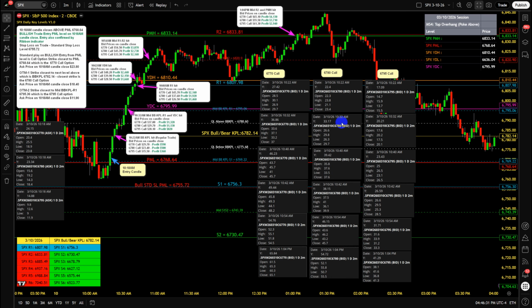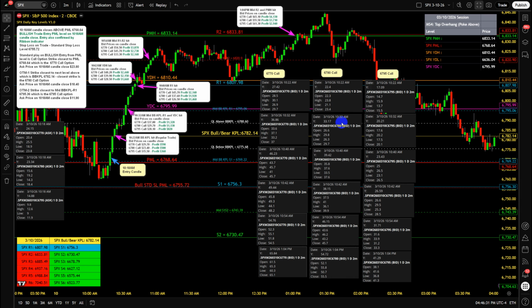They each have their pros and cons. Eventually, if the move is large enough, they all start moving in lockstep after a while, depending on how large the move is. It's just at the beginning of a move, the at the money is definitely going to make more money to begin with. However, if the move trends and continues, the out of the monies catch up, and then basically your percentage gain on those is going to be more, even though the dollar profit amount is more on the at the money.